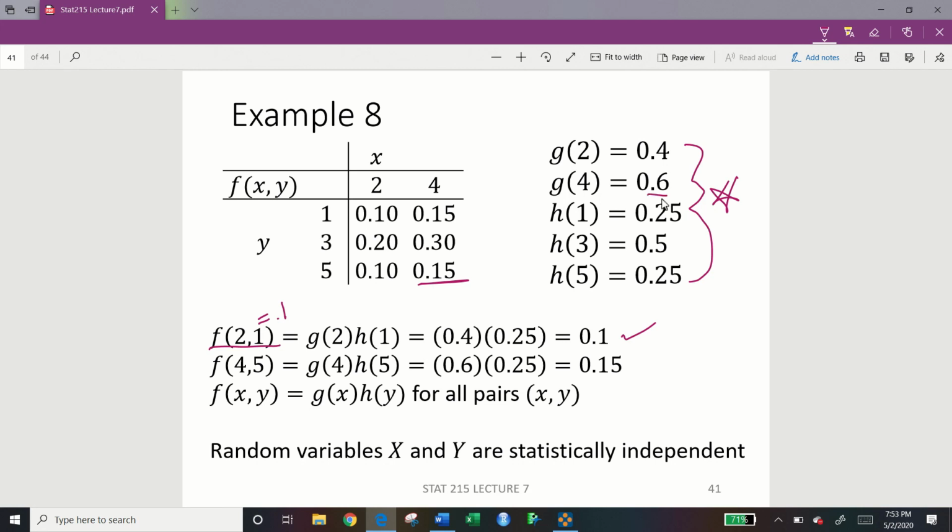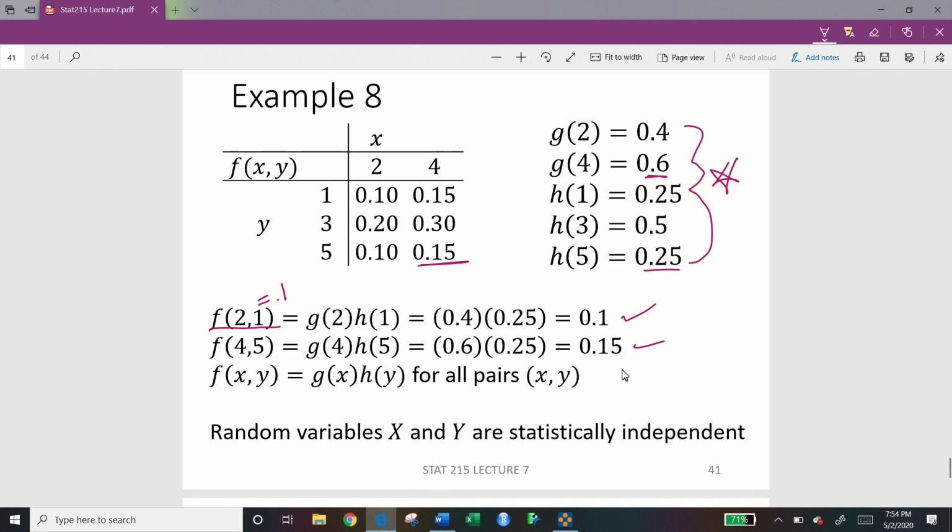G of 4 is 0.6, h of 5 is 0.25, multiplied together, and we have 0.15. Works out. So f of x comma y equals g of x multiplied by h of y for all pairs x comma y. We could keep checking, but that seems unnecessary. But by all means, if you want to do it, go right ahead.